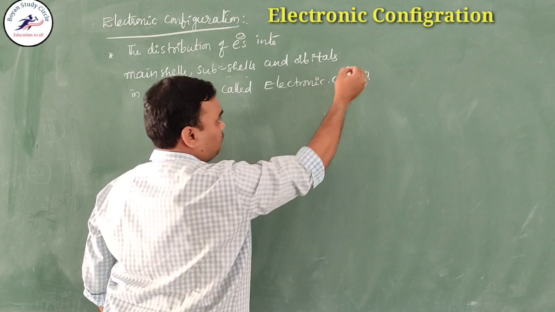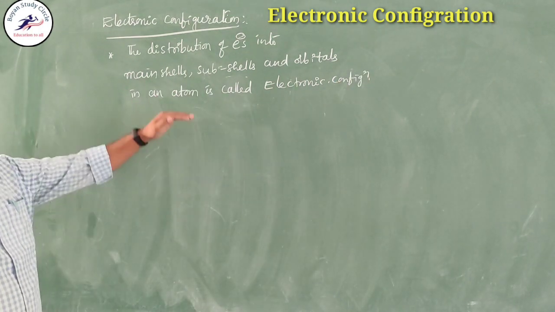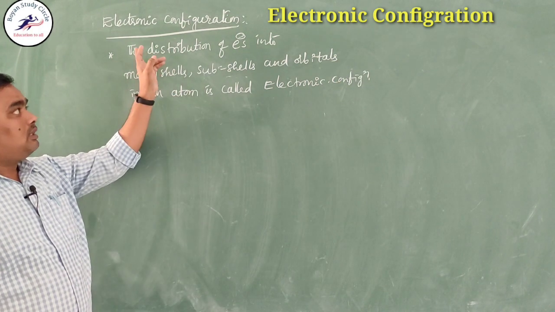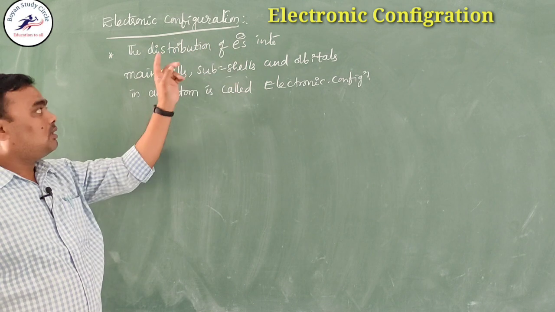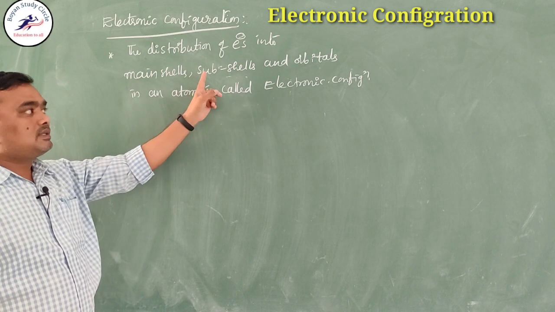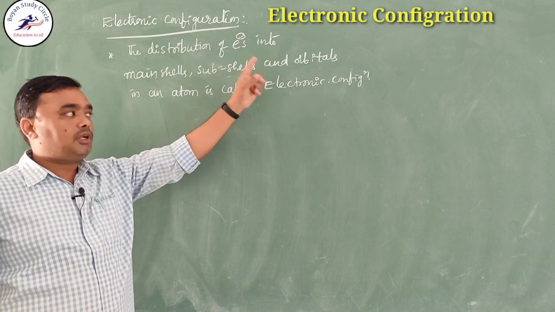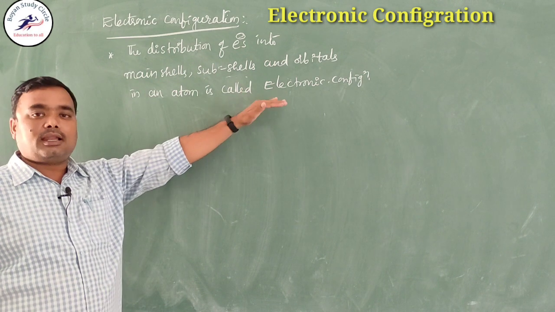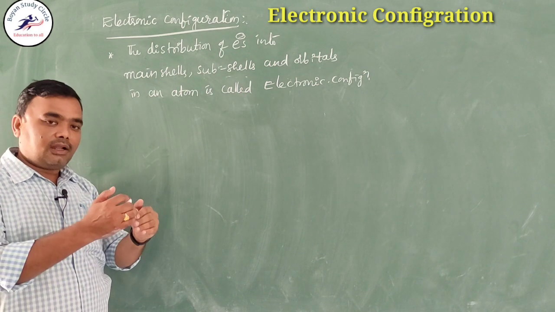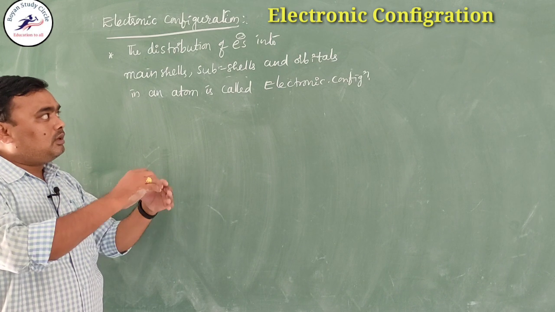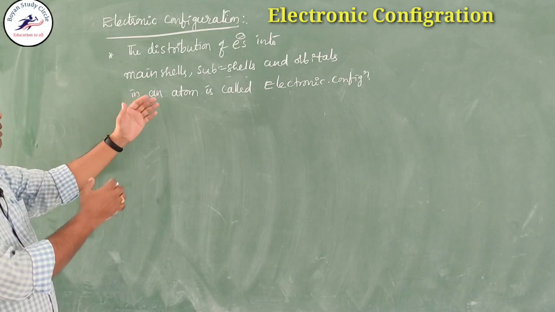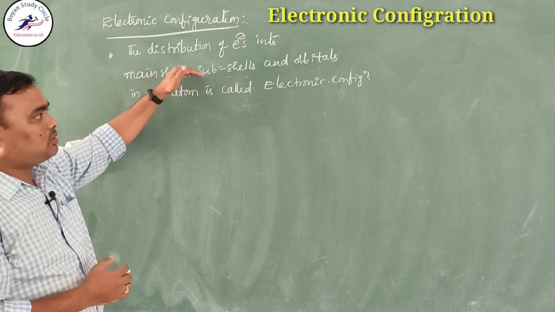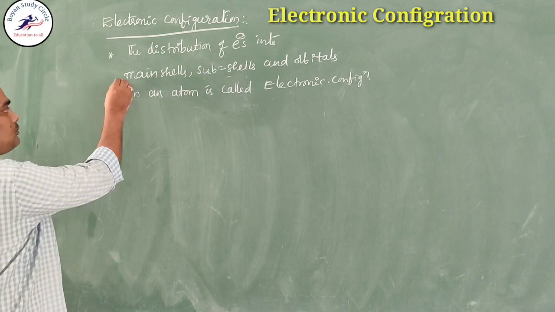What do you mean by electronic configuration? The distribution of electrons into main shells, subshells and orbitals in an atom is called electronic configuration. That means we are going to write the electrons into main shells, subshells and orbitals.